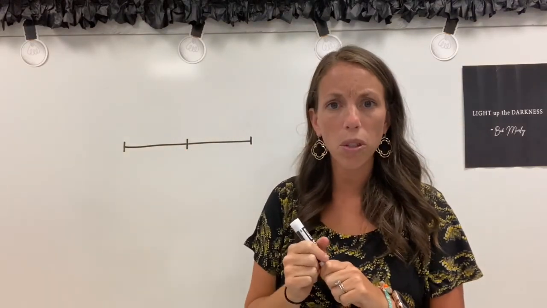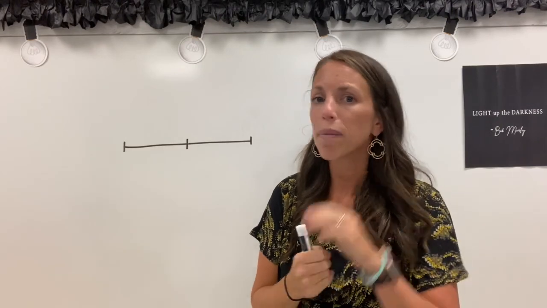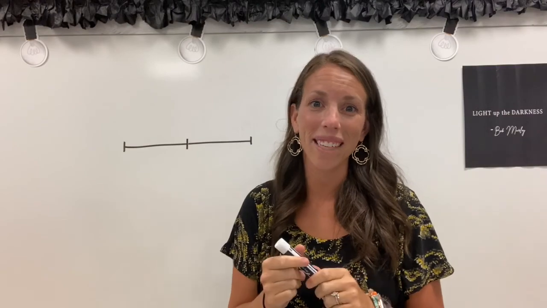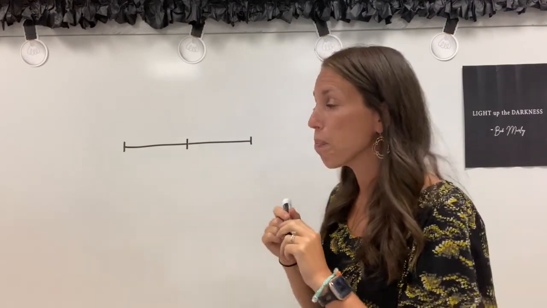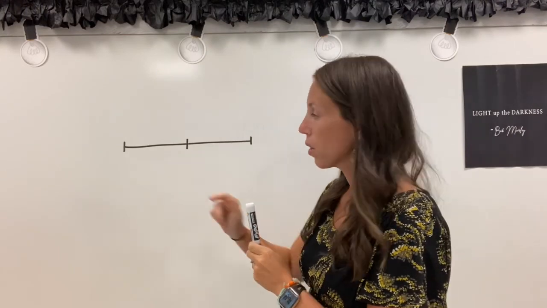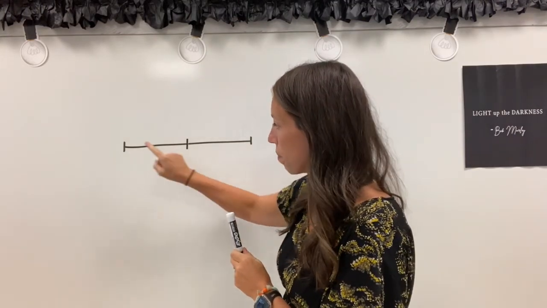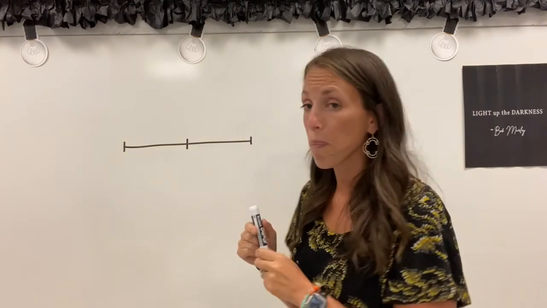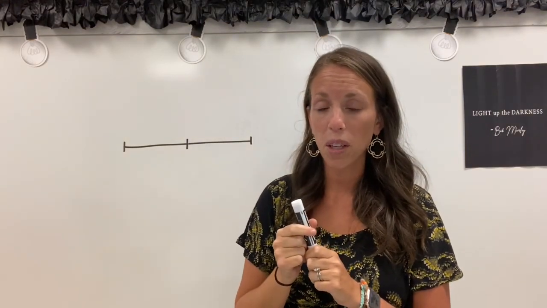Do you remember what those are called? Yell it out to me. That's correct. Those are our bar lines. And if you look at this example up here, we have 1, 2, 3 bar lines.